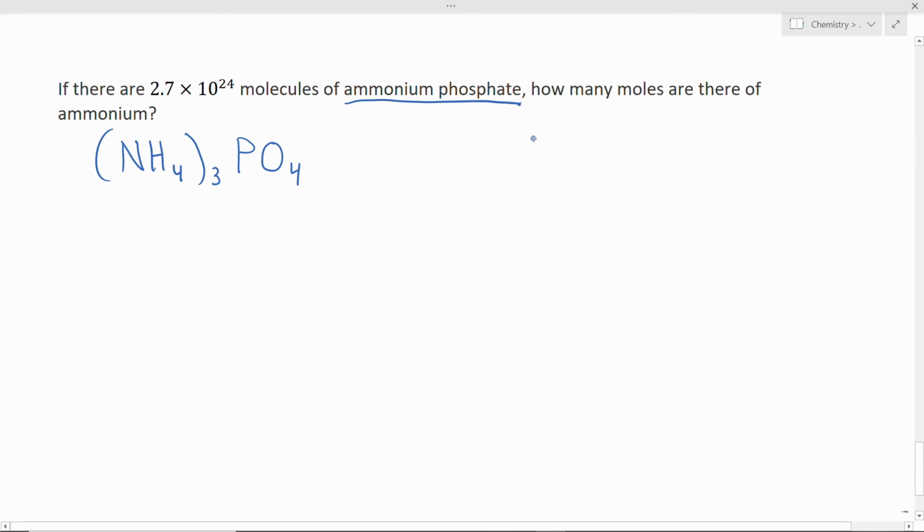Now let's find the number of moles of ammonium phosphate, so for the entire compound. So we know that the number of moles here is equal to the number of molecules we were given divided by Avogadro's number.